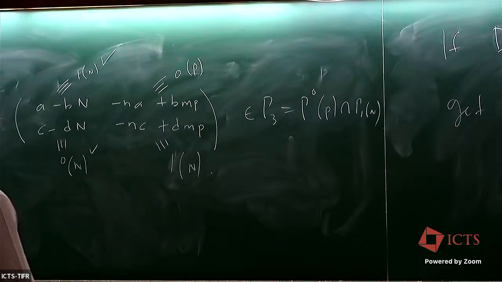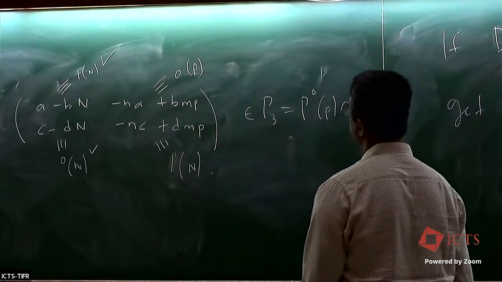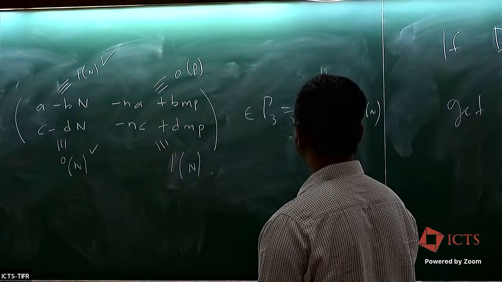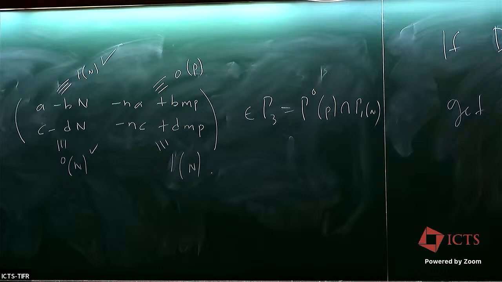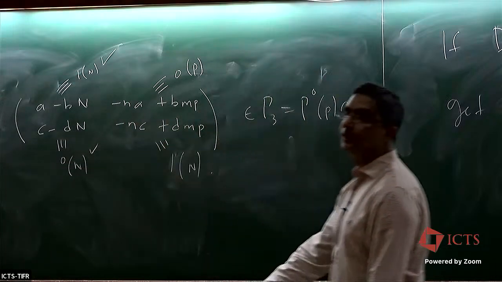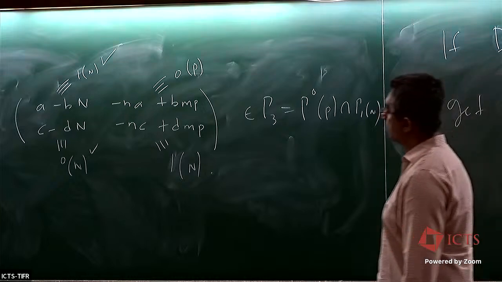Yes, go ahead. It should be 1 mod N. MP is equal to 1 plus NN, correct, great. And so this is just D mod N, which is 1 mod N, and that's 0 mod N, right? Just making that substitution, we get that. Okay, so all of these are checks.